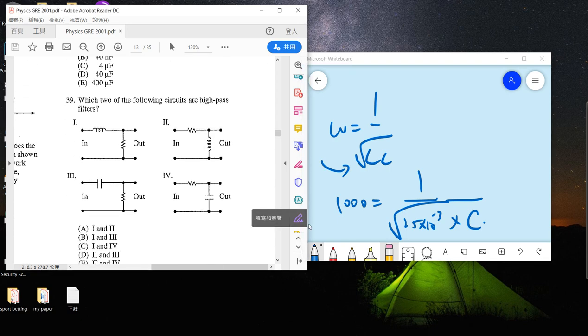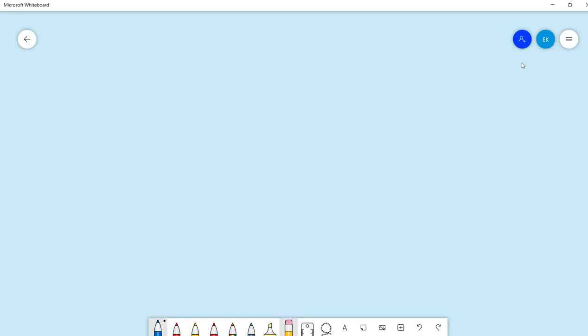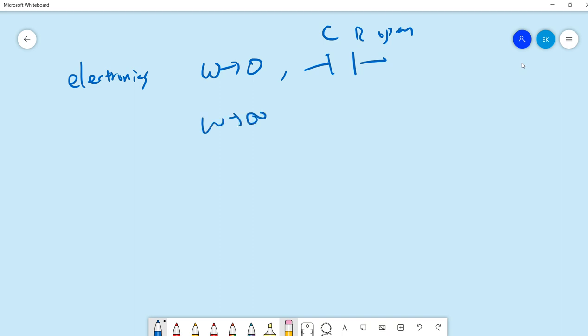Okay, which one is a high pass filter? If you know the electronics, then I can give you the quick answer. The common sense is that when omega is very small, the capacitor is open, and when omega goes to infinity, the capacitor is short.